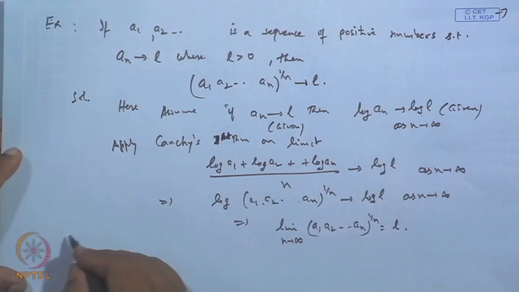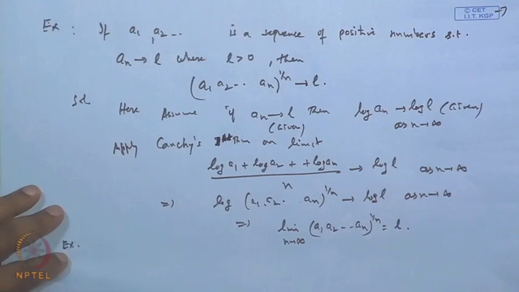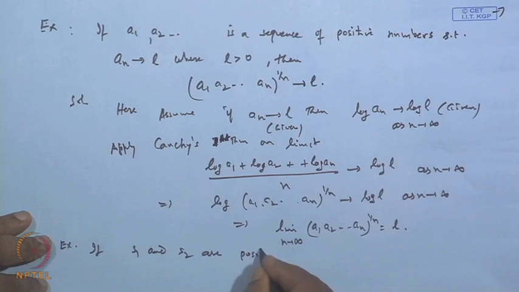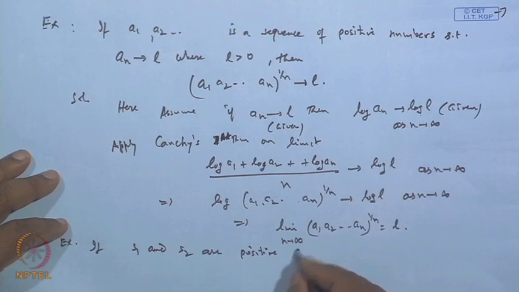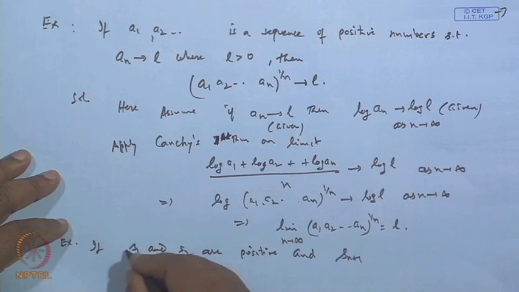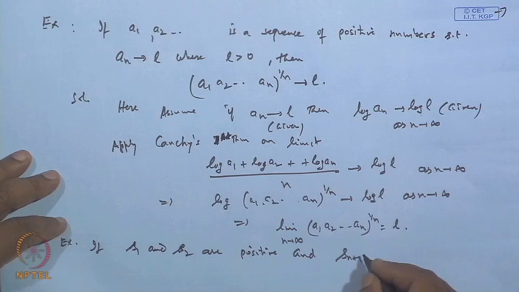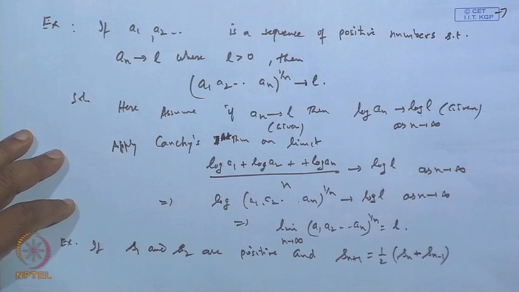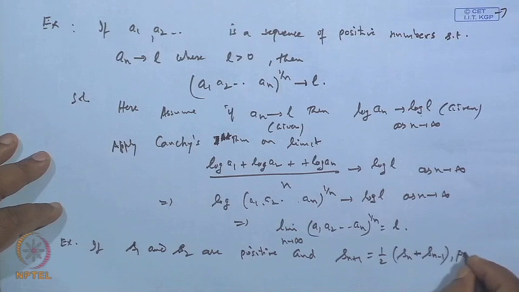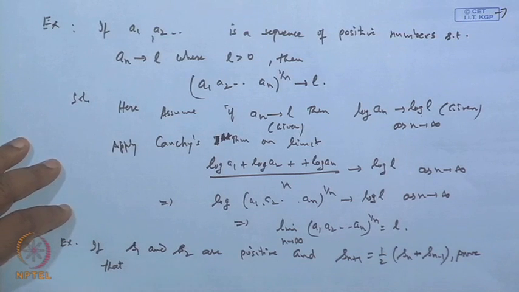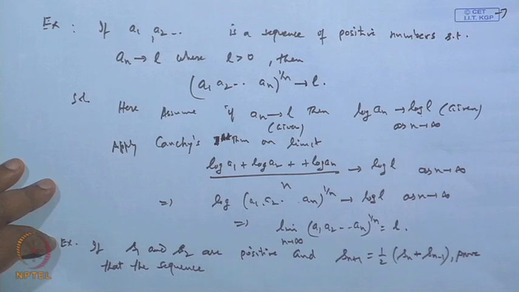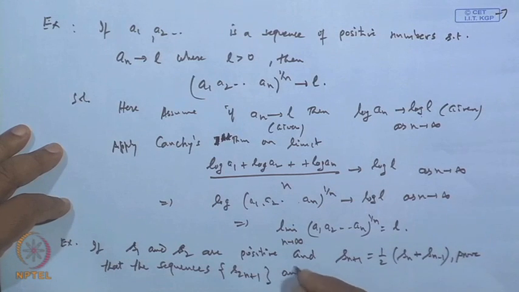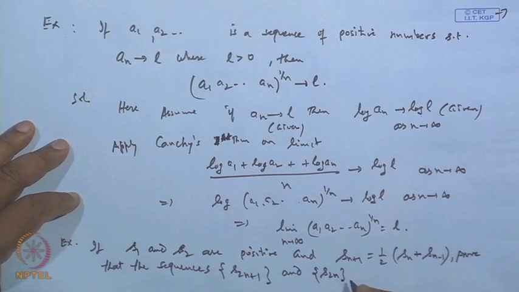Okay. Now, let us see the other exercise. If S1, S2 are positive, and Sn plus 1 is half of Sn plus Sn minus 1, then prove that the sequence S 2n plus 1 and the sequence S 2n are both monotone.